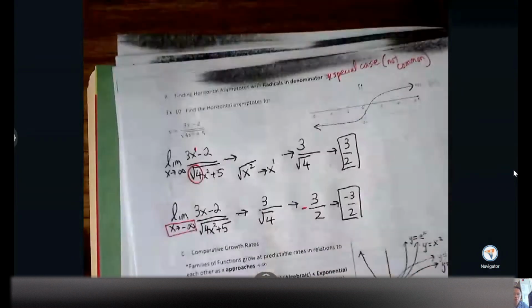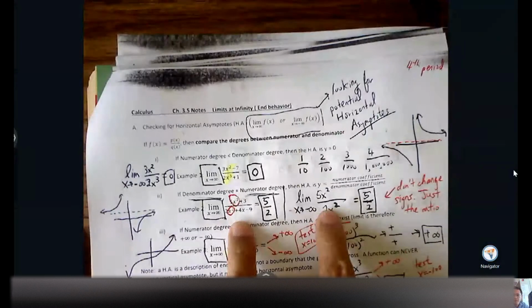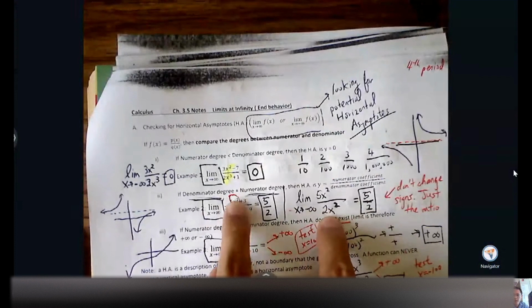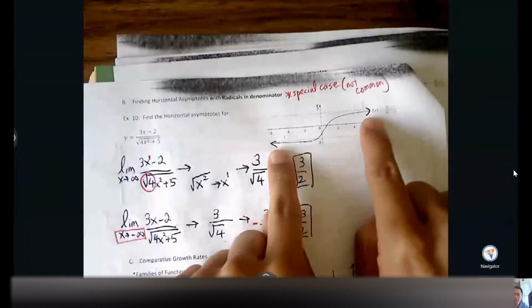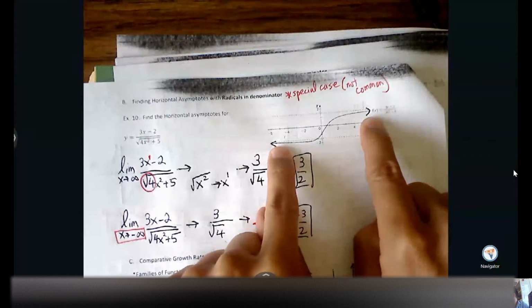The norm is rational functions where you have no square roots in the way. It's x squared over x cubed. We don't change anything there. But the exception to the rule is when there is a strange looking graph with split asymptotes. That's why we get this scenario.